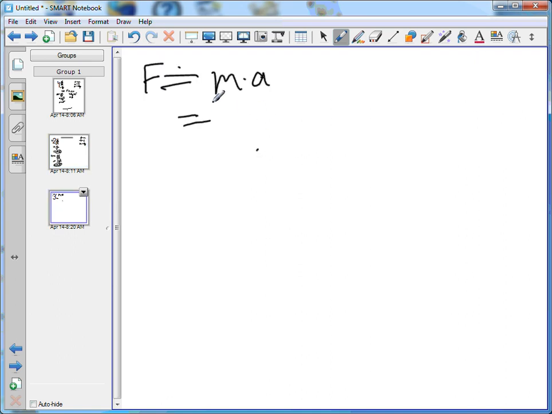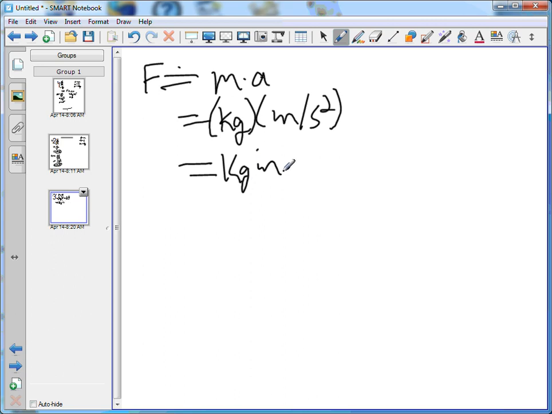So we have kilograms times meters per second squared equals kilogram meter per second squared. We define that as a Newton.